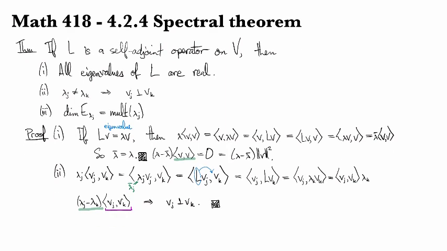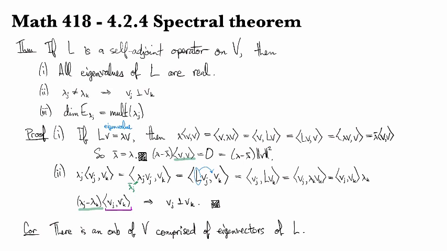Okay, so the implication: there's an orthonormal basis of V comprised of eigenvectors of L. If you have an eigenvalue of higher multiplicity, like say 2, so there's a plane, there are 2 linearly independent eigenvectors.